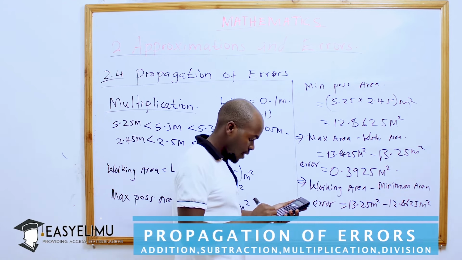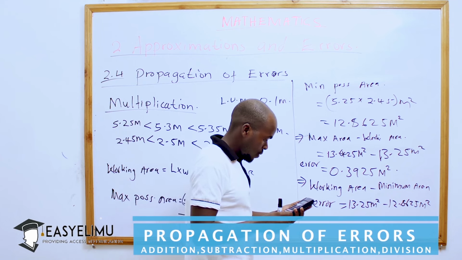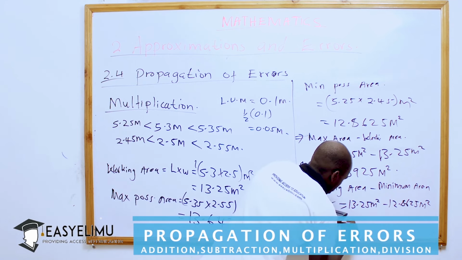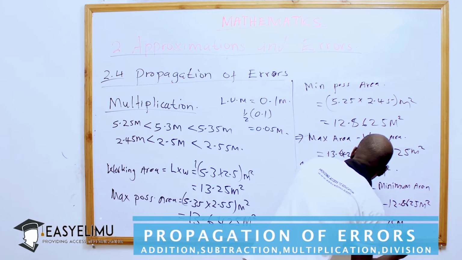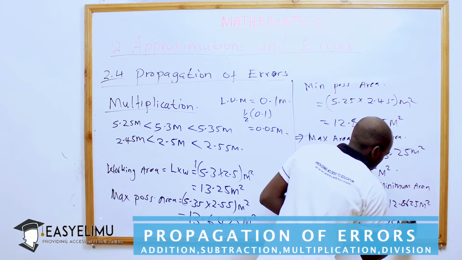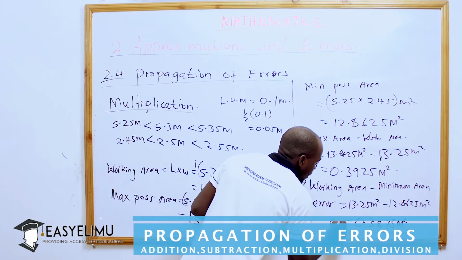So we are going to get 0.3875 square meter. So if you check the two errors, you will find that they are not similar.